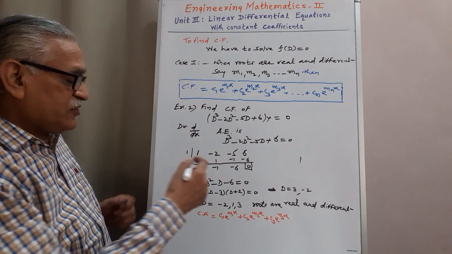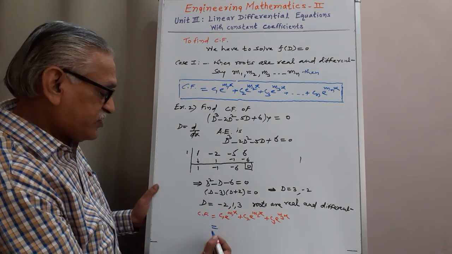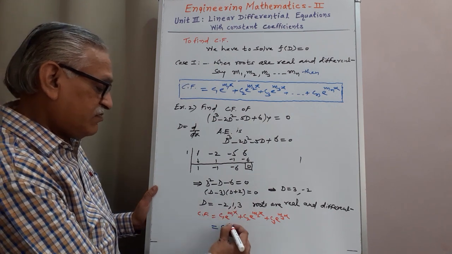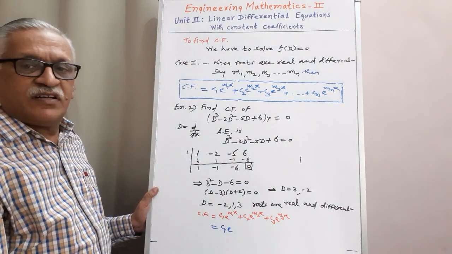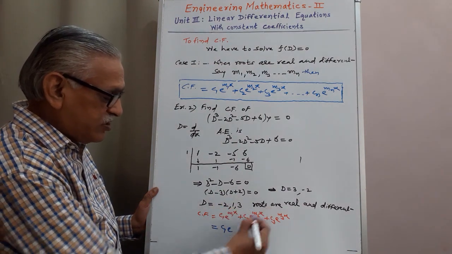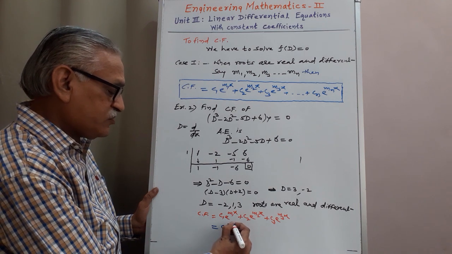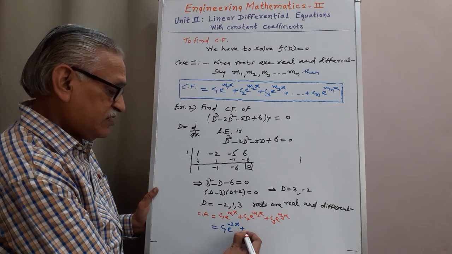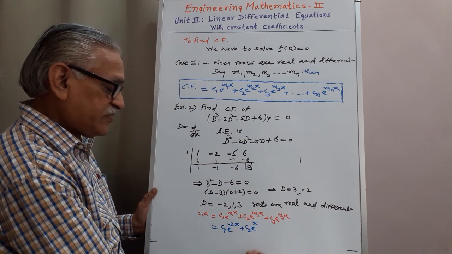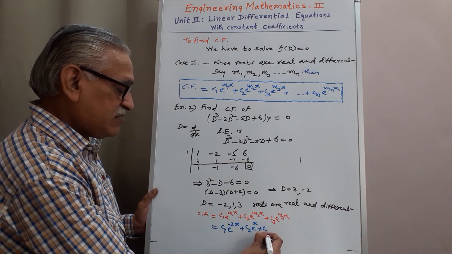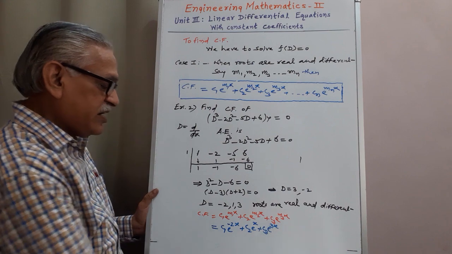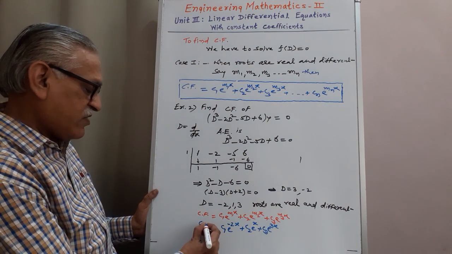And therefore, for this particular example, complementary function is c1 e raised to, we can consider any value as m1 and remaining as m2 and m3. Therefore, I am considering in the same order. First one as m1, therefore minus 2x, c2 e raised to m2x, 1x means x, c3 e raised to 3x is the required complementary function.